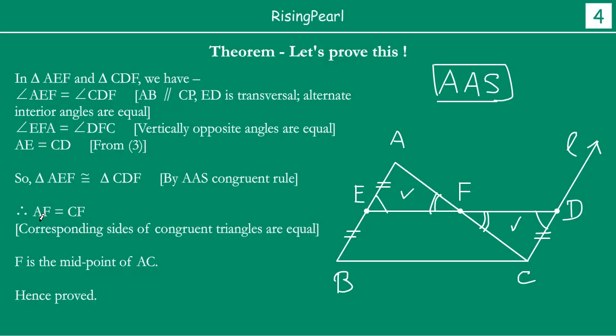So we know that AF is equal to FC, or CF, because corresponding sides of congruent triangles are equal. So friends, we have just proved that AF is equal to FC, that is, F is the midpoint of AC. We started with a midpoint and the line EF parallel to BC, and we have proved that this point F is indeed the midpoint of AC.